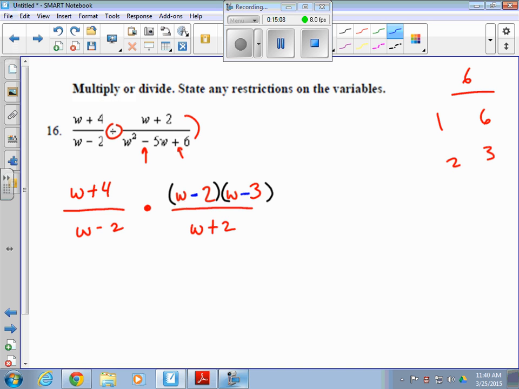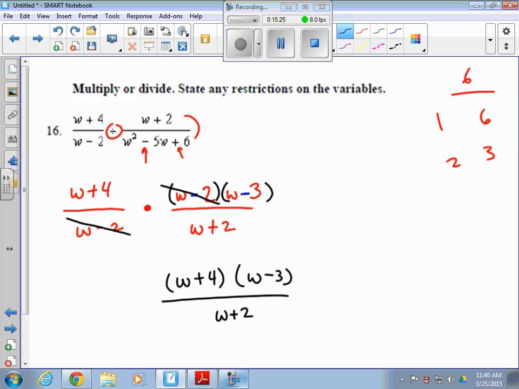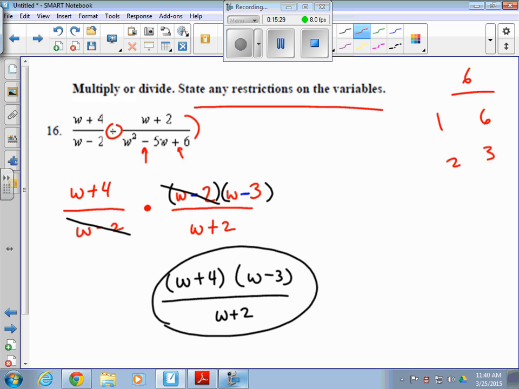Remember, whatever's exactly the same at the top and the bottom, you cancel it out. W minus 2 is the same as W minus 2. So you're left with W plus 4 times W minus 3 over W plus 2. And here is your simplified version. Where it says state any restrictions on the variable, remember the bottom number cannot be 0.